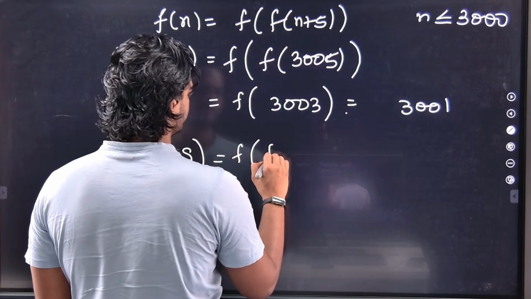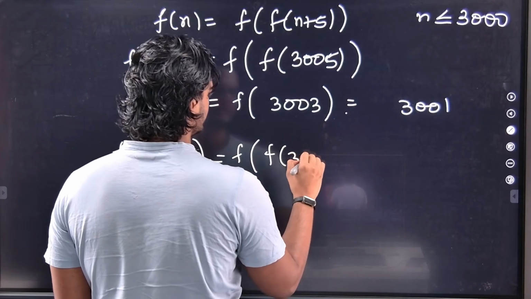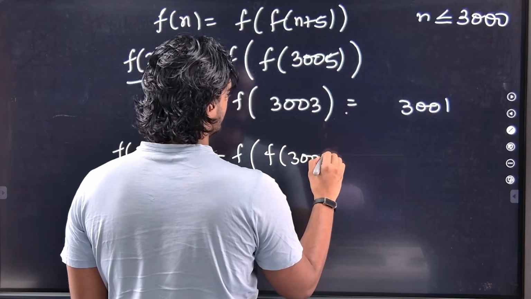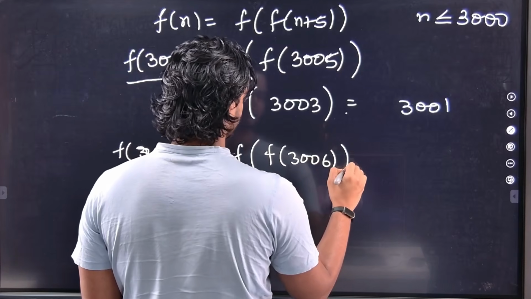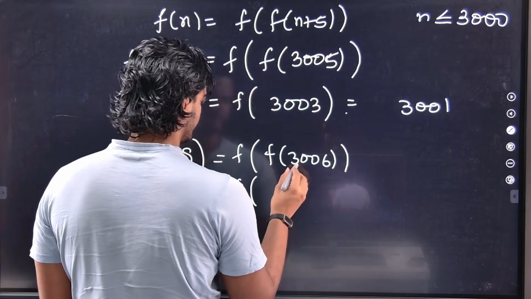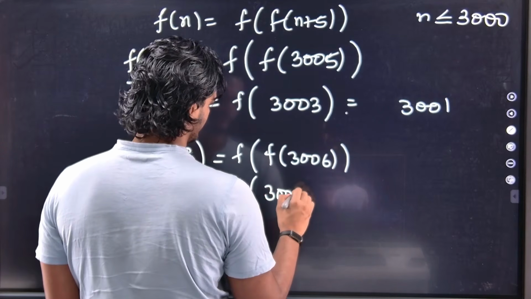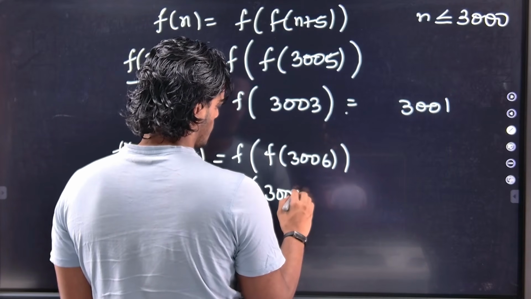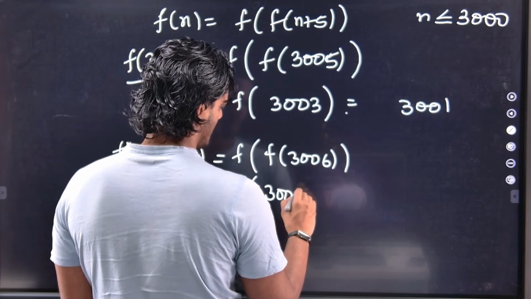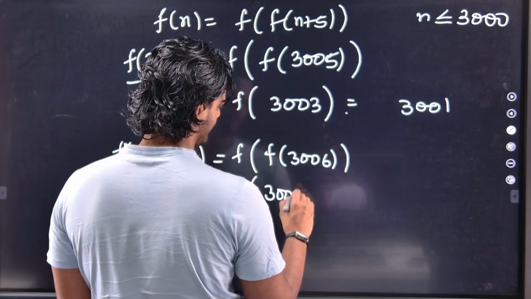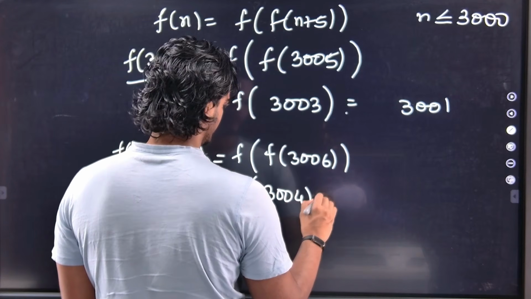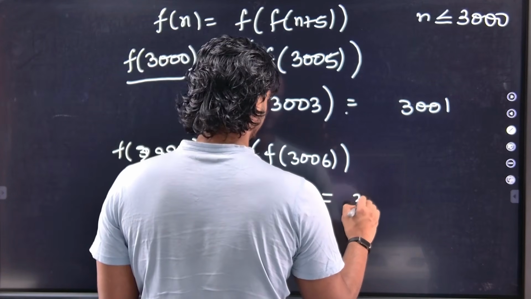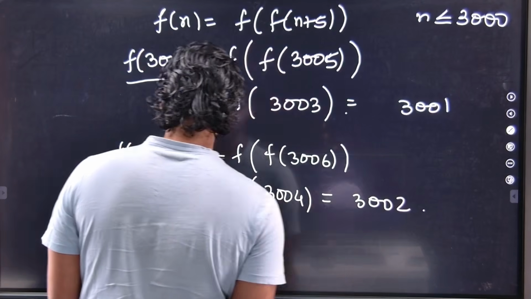That will be f of 3006, which will be f of 3002.